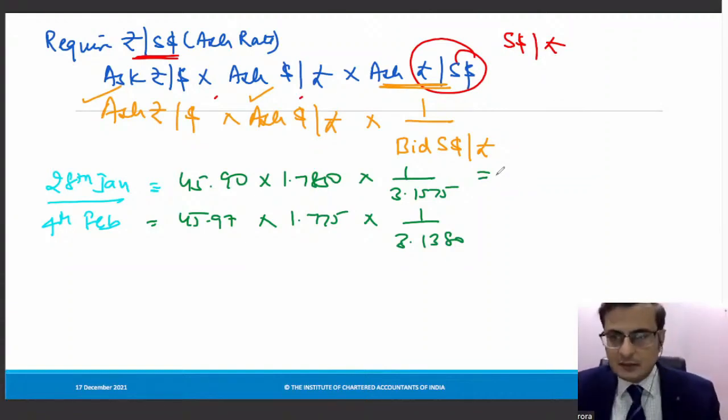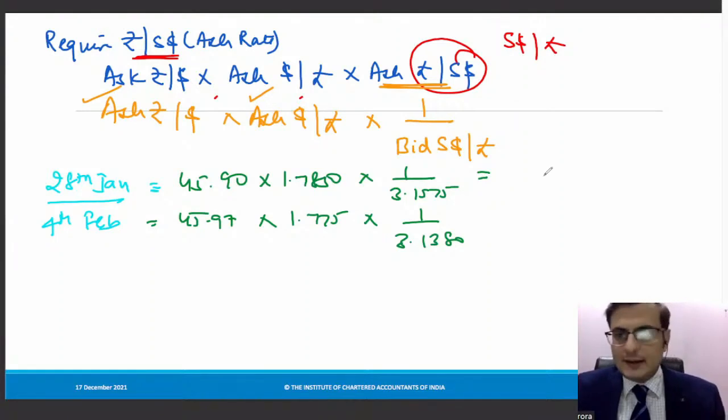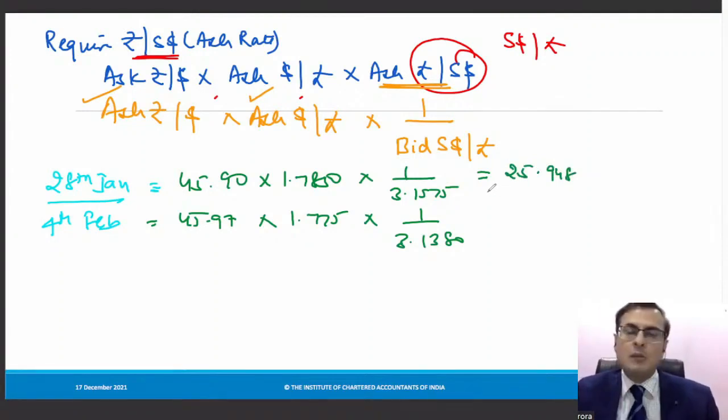So the first one, for 28th January, is 45.9 into 1.785, divided by 3.1575. Those who are with us, can you also try it? So this becomes 25.948. This is all per Singapore dollar.